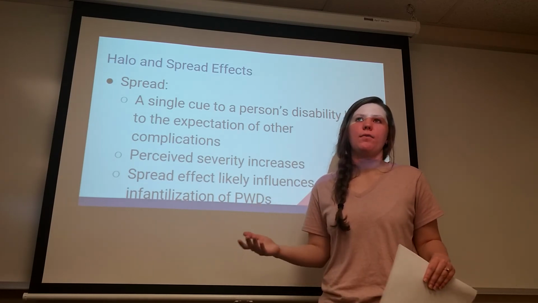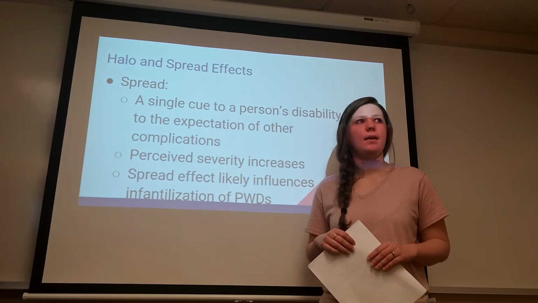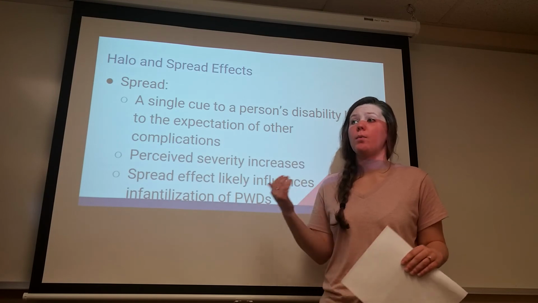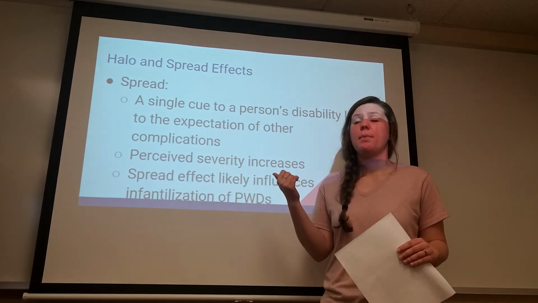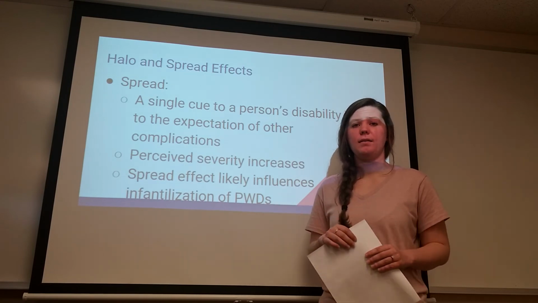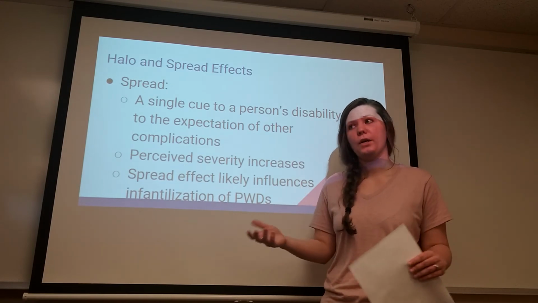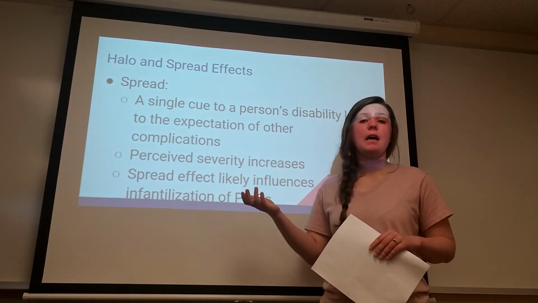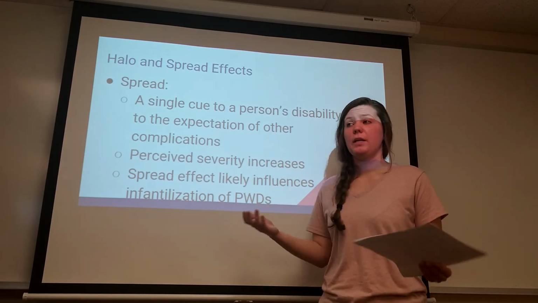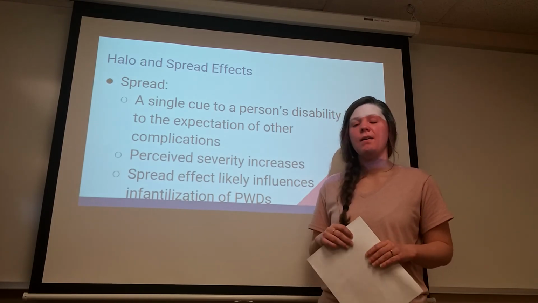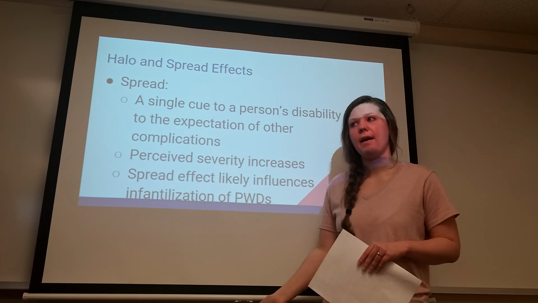For example, if someone had a stroke and an individual perceives them walking with a limp, they might also assume, oh, well, they must also have impaired memory and a speech impediment, and whether or not that is the case, that's what occurs. And therefore, their perceived severity of the issue increases against that person with a disability, whether or not that severity is actually there.